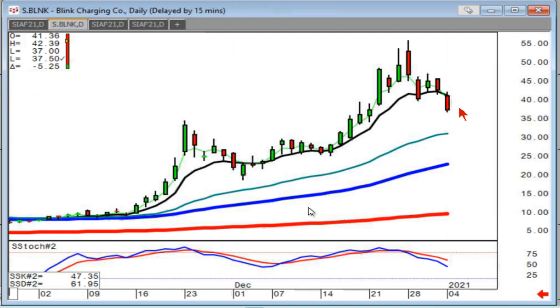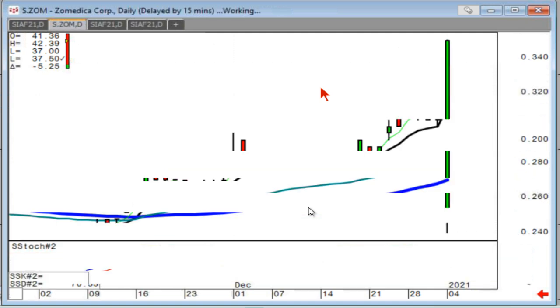So this is one, Blink, did I say? Blink is up a point after hours. And we're looking at this as being a good, solid, uptrending stock based upon the profit taking occurring and then waiting for the next move to the upside.